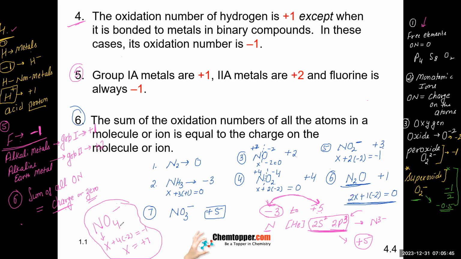No. Because the maximum oxidation number nitrogen can have is +5, because it has only 5 valence electrons. So if it loses all 5, the maximum is +5. So you will never see this ion. This polyatomic ion does not exist.